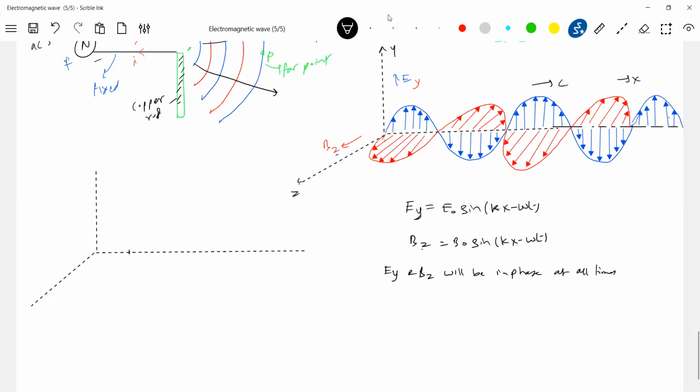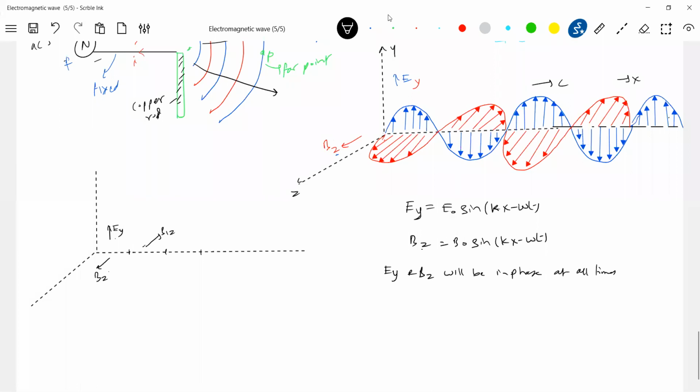So we'll break it up. Now the E bar, shall we put it as E1, EY. Initially, these two are existing. This varying EY will produce B1Z, and it should be directed along the Z axis.